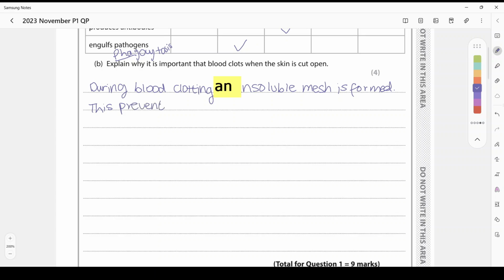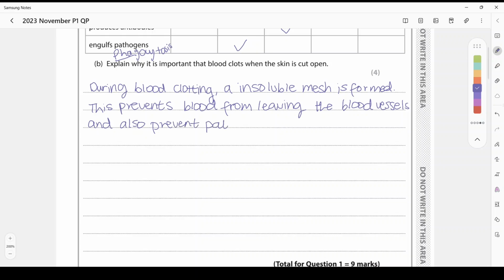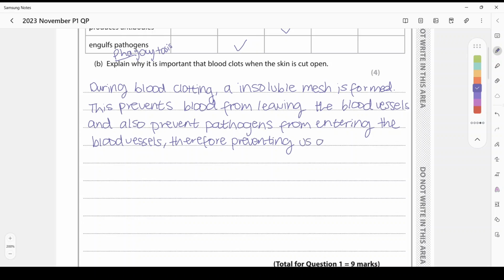This prevents blood from leaving the blood vessels and also prevents pathogens from entering the vessels, therefore protecting us against, we can say, infections or diseases.